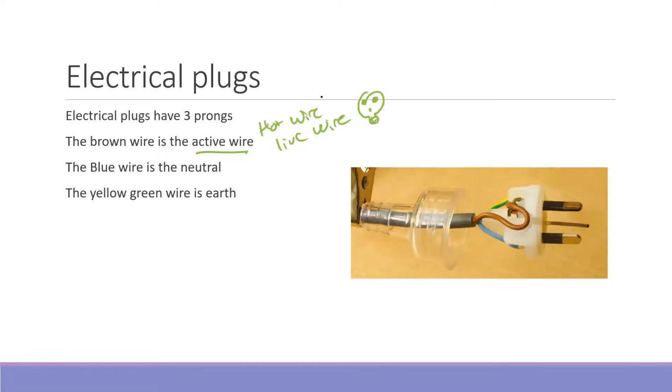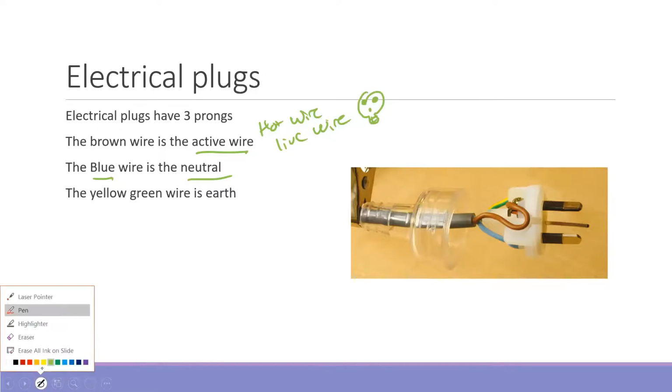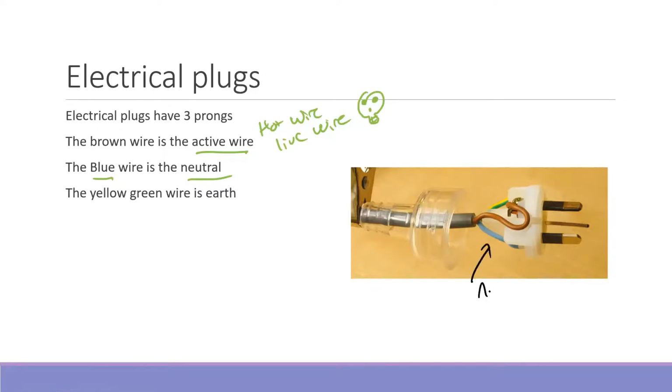Whereas the blue wire is neutral. You can think of blue like a calming sort of color, but you need to remember these colors. So blue is the neutral wire. The brown one is, well, if you touch that one, you're pretty much in trouble, so it makes sense why it would be brown.